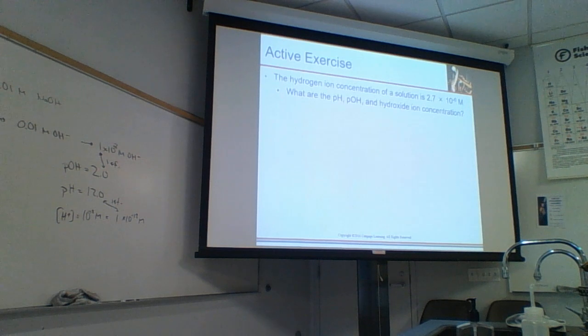And what is my hydroxide ion concentration? There are two ways of getting the hydroxide ion concentration. I'm going to get it with Kw divided by the hydrogen ion concentration this time. And so Kw is 1.0 times 10 to the minus 14, that's 2 sig figs, divided by the hydrogen ion concentration of 2.7 times 10 to the minus 6 gives me 1 times 10 to the negative 14 divided by 2.7 times 10 to the negative 6.